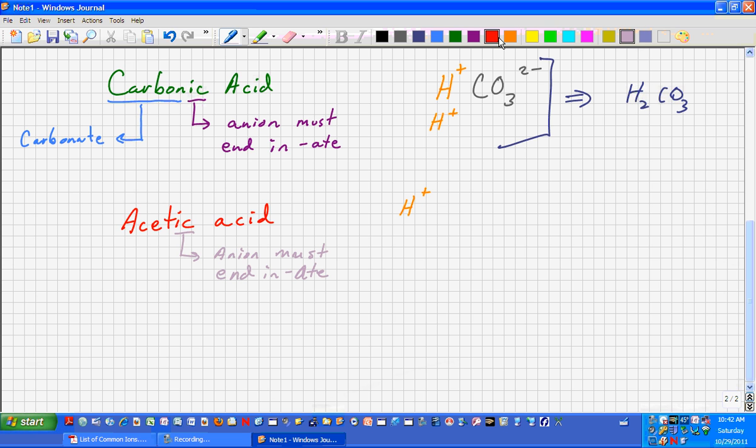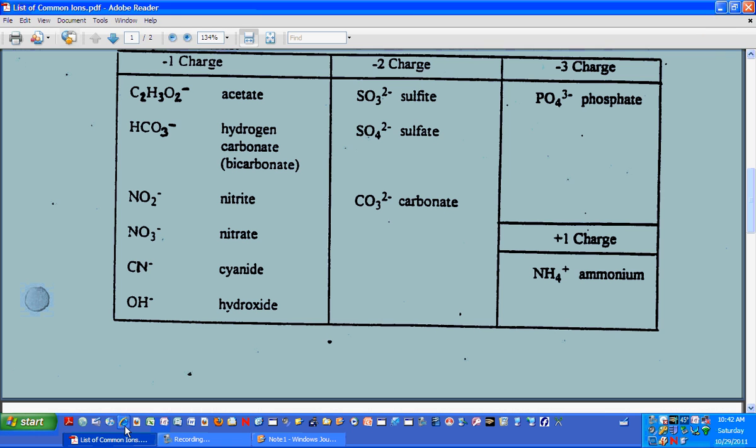So I'm looking for an ion that begins with acet as its root, and ends in ate. I go to my list of common ions, and there it is, the acetate ion, C2H3O2 negative. So that's the anion I'm going to use.